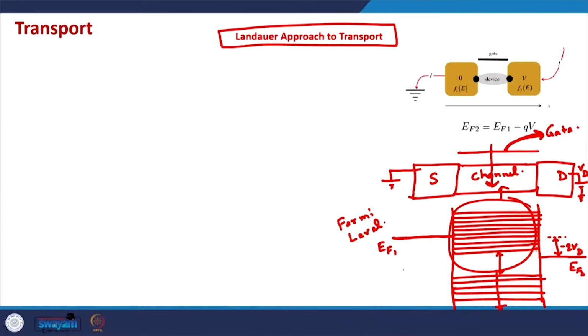Okay. So that's the basic qualitative mechanism of what is happening here, and the source and the drain terminals are bulk terminals or quasi bulk terminals. So we can define the Fermi functions in these contacts, F1 and F2, and Fermi functions tell us about the electronic distribution in each of these contacts.